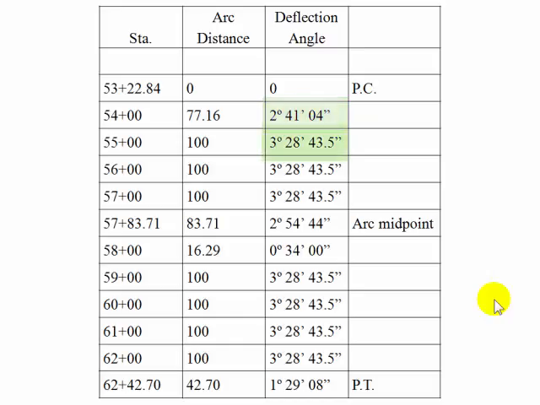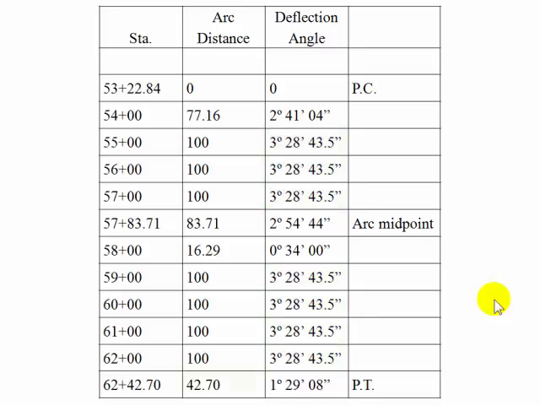Then the incremental deflection of 3 degrees, 28 minutes, 43.5 seconds, we calculated just a few slides ago, and you can see it applied multiple times here. Every place that I have an arc distance of 100, you can see that deflection angle showing up.